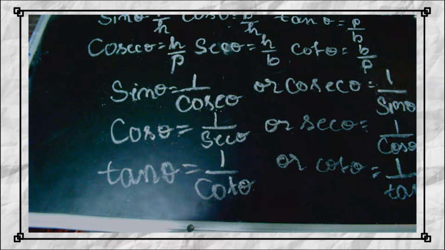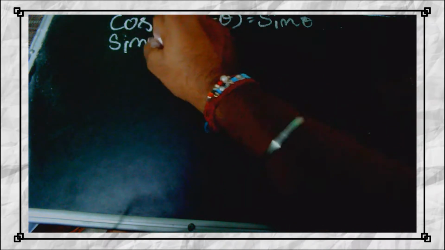Now we will try to relate these trigonometric functions in another way. Let's look at some fundamental relations between these trigonometric ratios. Cos of 90 degrees minus theta equals sin theta, and sin of 90 degrees minus theta equals cos theta.